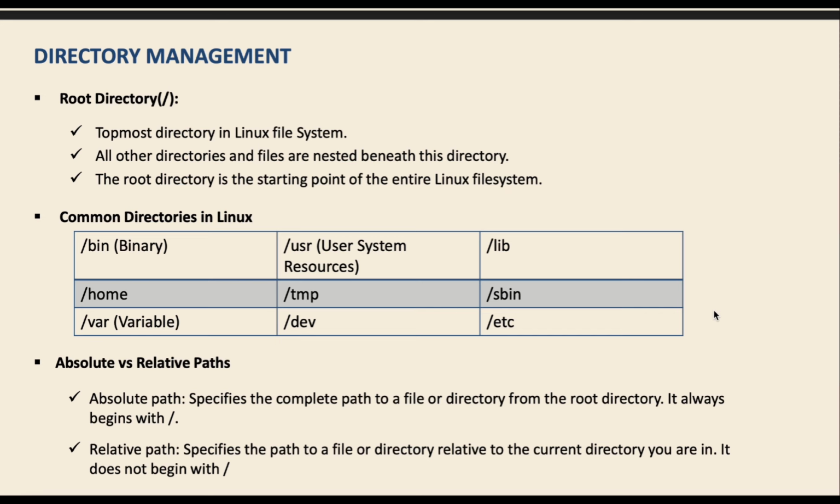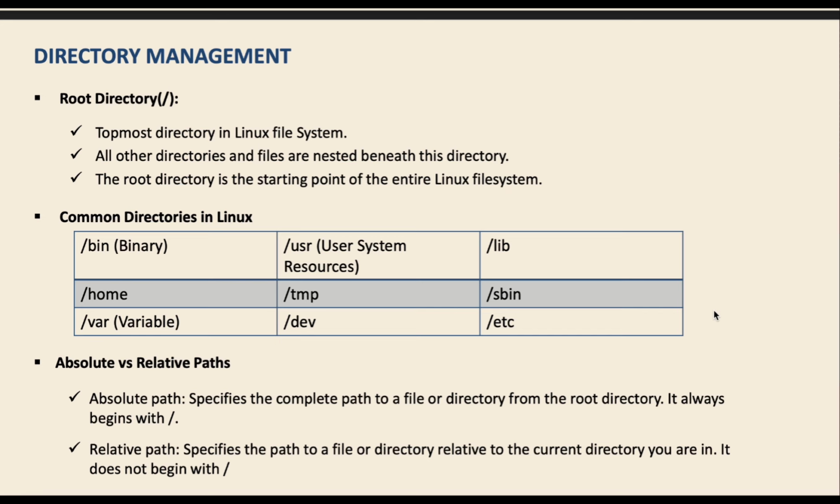The next one is /tmp. As the name suggests, it is a temporary directory that stores files temporarily during system operations. When the system is rebooted, this folder usually gets deleted.